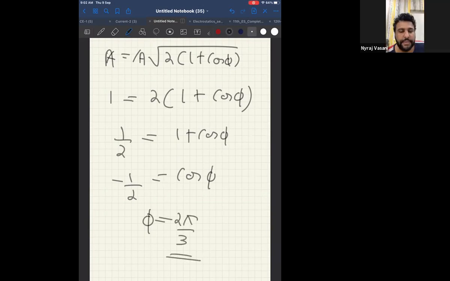Check whether you're getting this. Okay, seventh one, next page, page number 53.